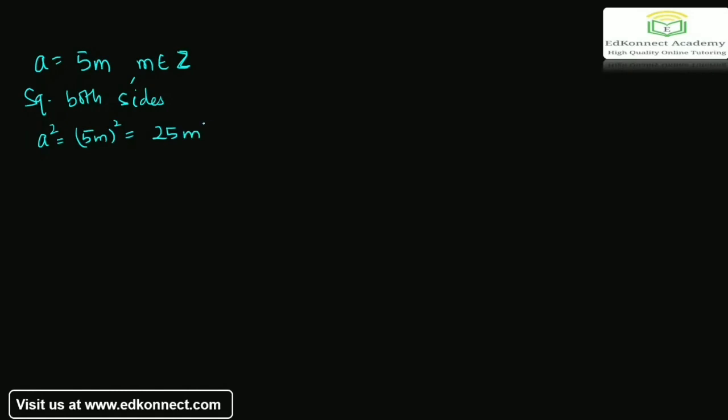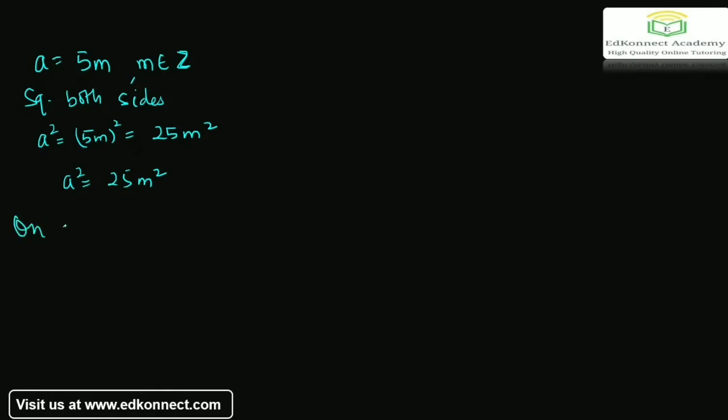So if 5 divides a, then we can write a as some multiple of 5, where m is any integer. So a is equal to 5m. Squaring both sides, we get a square is equal to 5m whole square, which is 25m square. So from here a square is equal to 25m square.